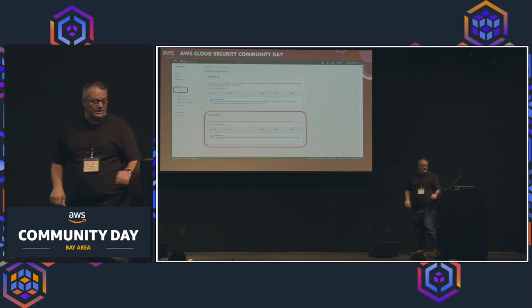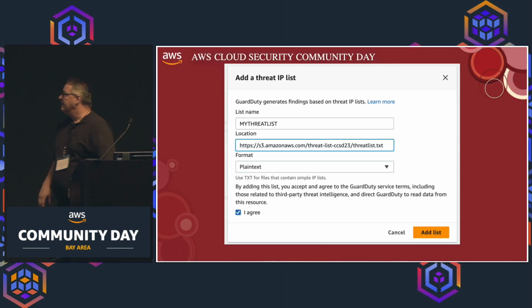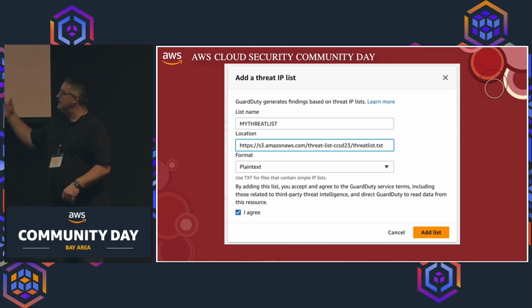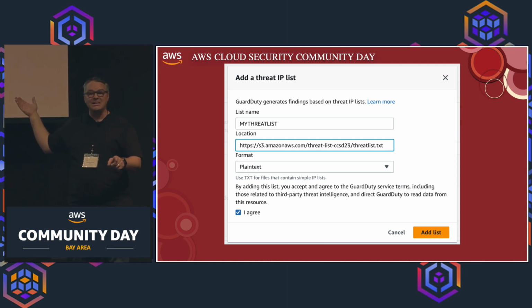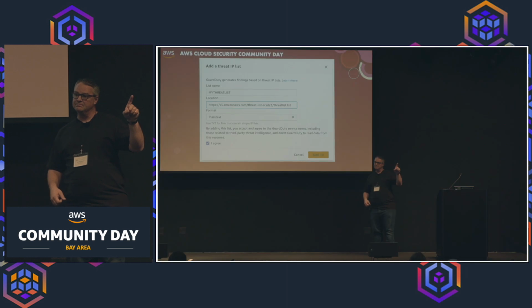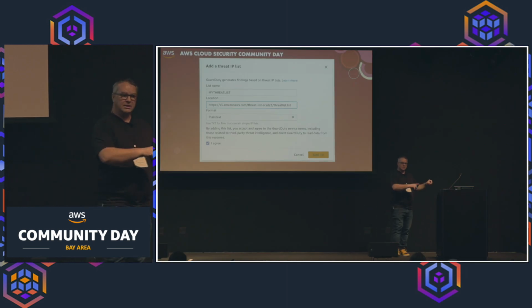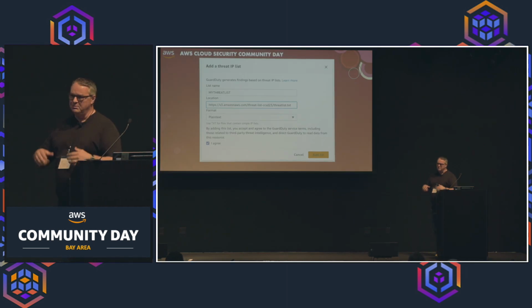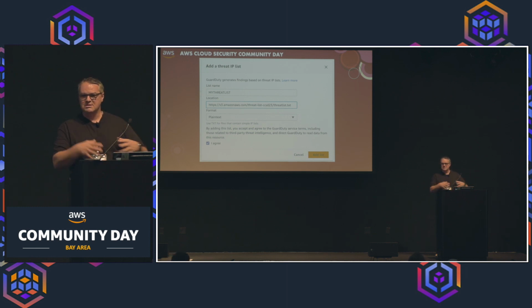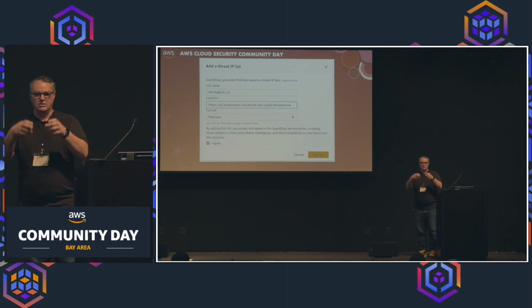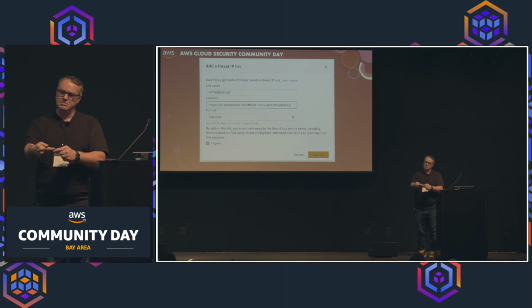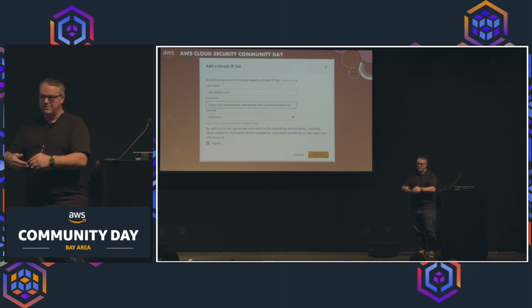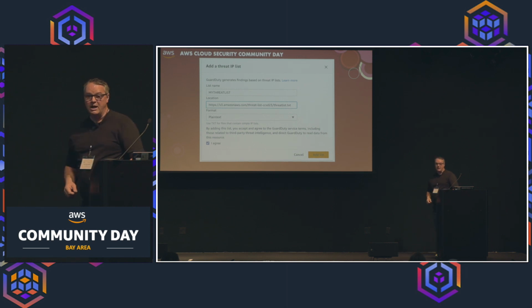I'm adding a threat list, and I need to tell it where it's at. That's why I put it in the S3 bucket. It's all in the same account, so I'm not leaving my account to go look at a list. GuardDuty is simply looking at the S3 bucket, looking at that text file, and checking the IP address on it.